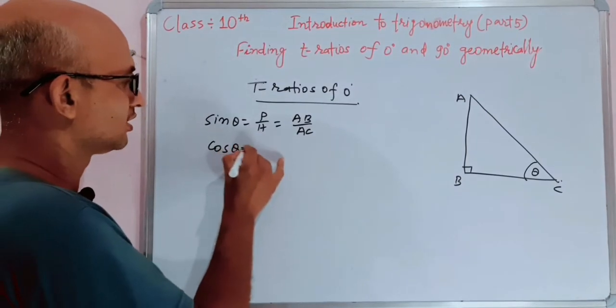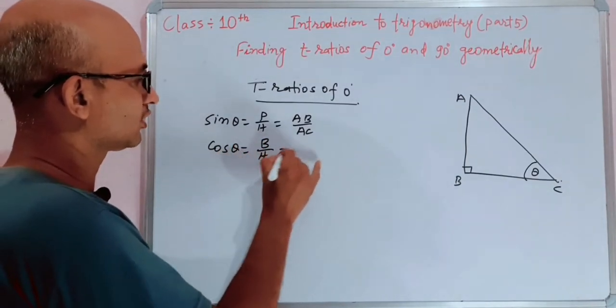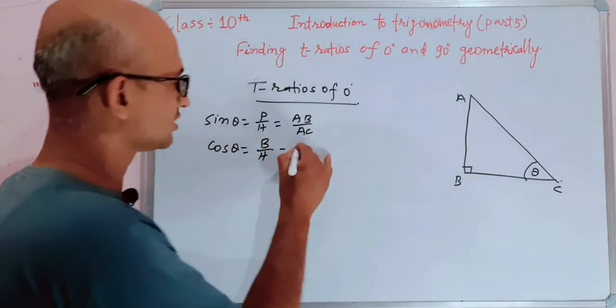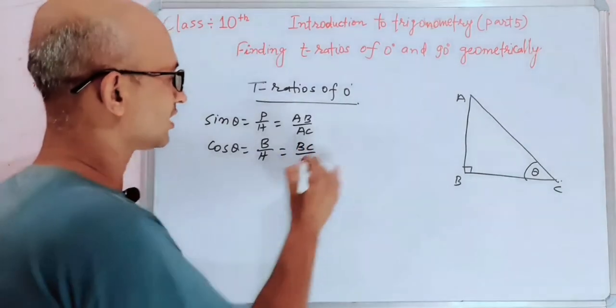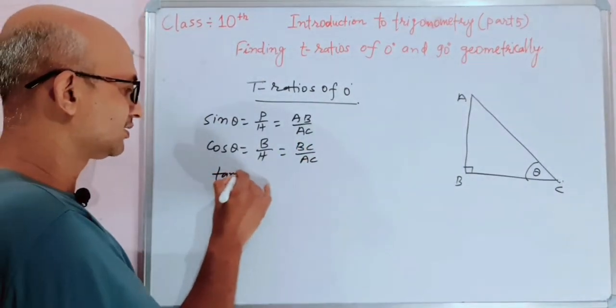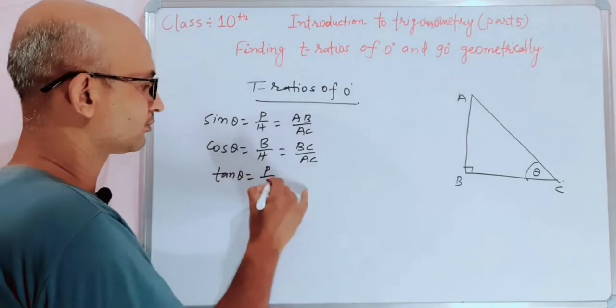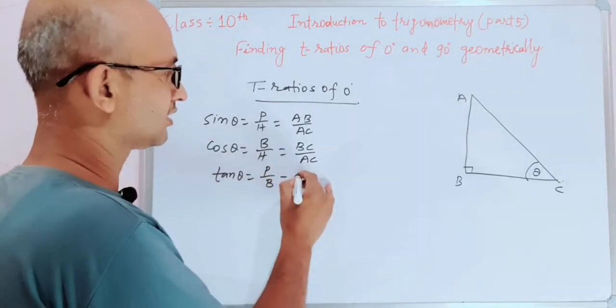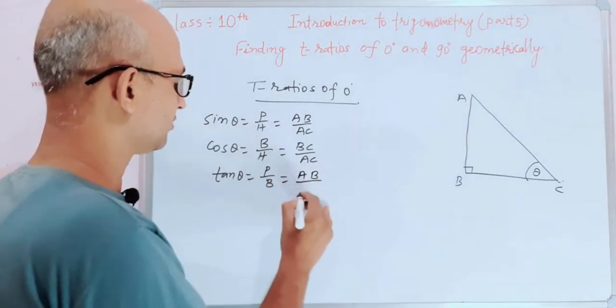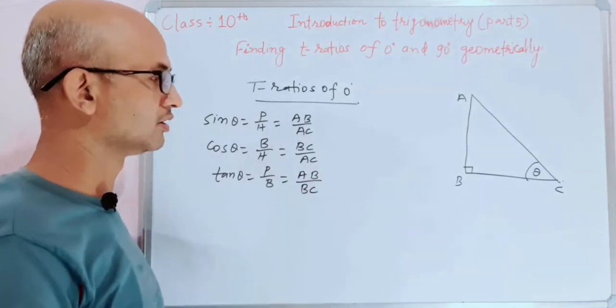Cos theta is the ratio of base and hypotenuse, and for theta, base is BC and hypotenuse is AC. And tan theta is perpendicular by base, that is tan theta equals AB by BC.